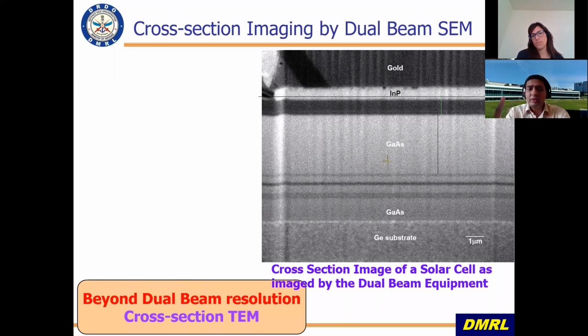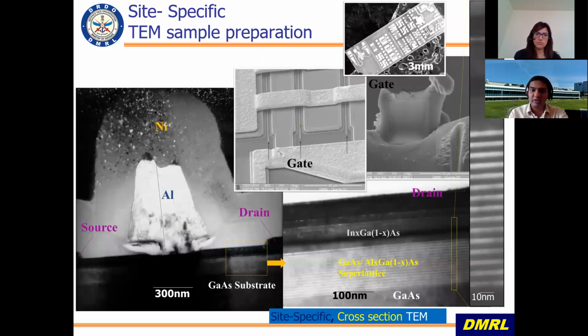So this is a very simple tool to identify the different layers within the typical resolution that we are looking for. If the requirement is beyond that, then we have to prepare cross-sectional TEM samples.